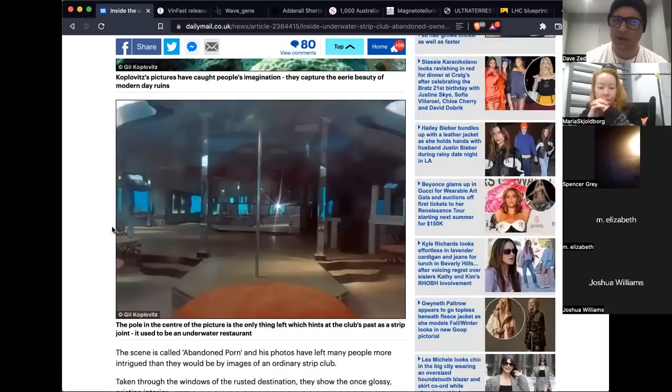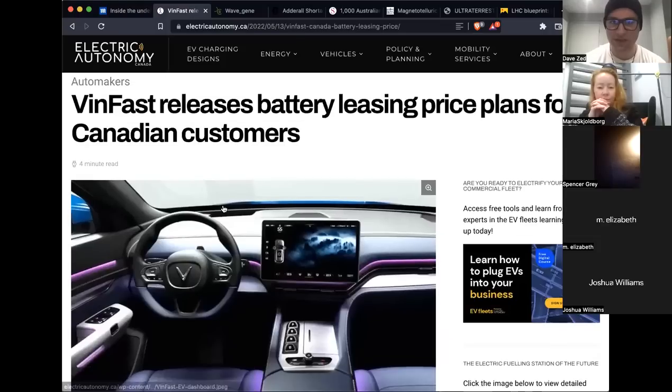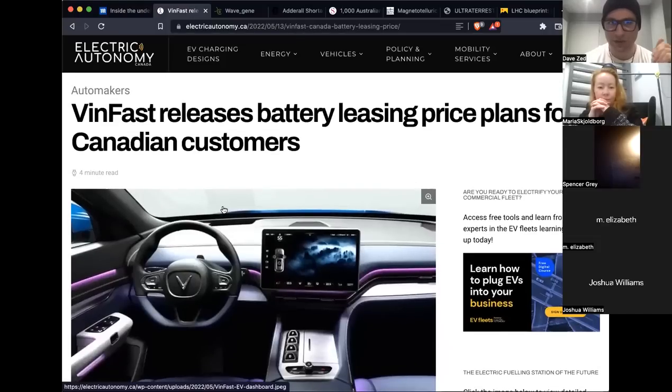And it's like, okay, so we look at the big picture of the way things are going. We then see, for example, here, electricautonomy.ca, VinFast releases battery leasing price plans for Canadian customers. Long story short, what we're looking at here is essentially you buy the car, but you rent the battery of the car. And you pay a monthly rent like you pay Netflix, essentially.